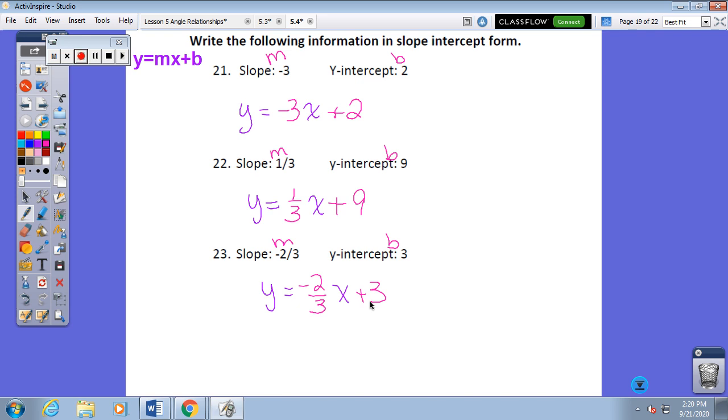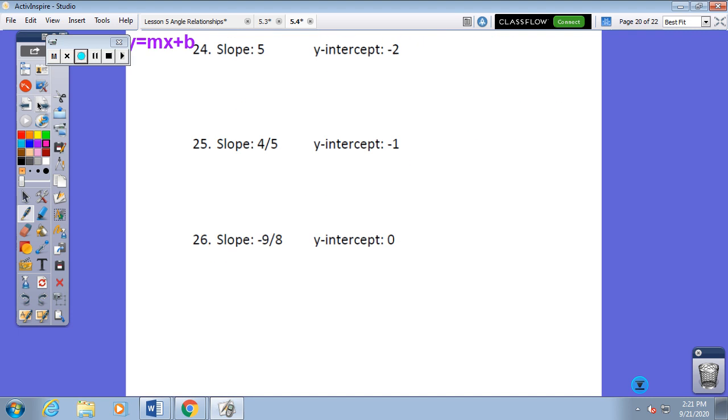Okay, go ahead and pause and try these yourself. Okay, I added a little note to my page here. M is equal to slope and b is y-intercept, in case you need it. 24, we get y is equal to 5x minus 2.